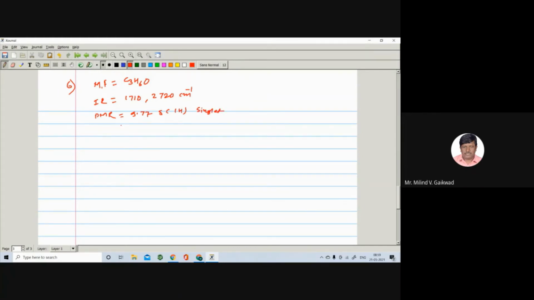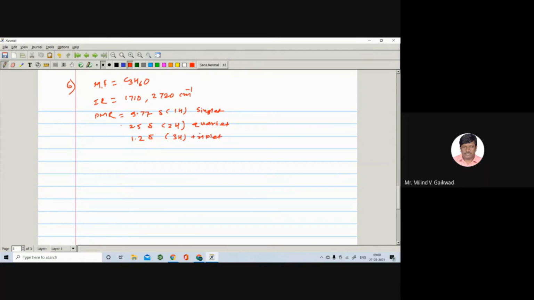This is A, this is B: 2.5 delta due to 2 hydrogens, giving a quartet. And the signal at 1.2 delta due to 3 hydrogens, giving a triplet.